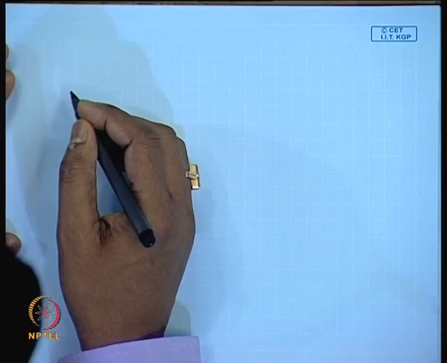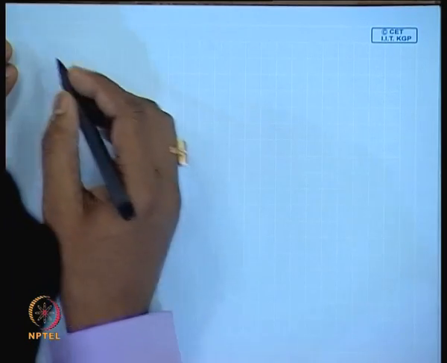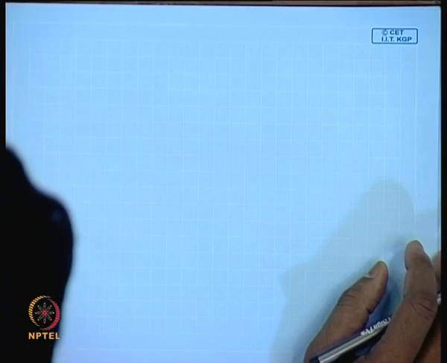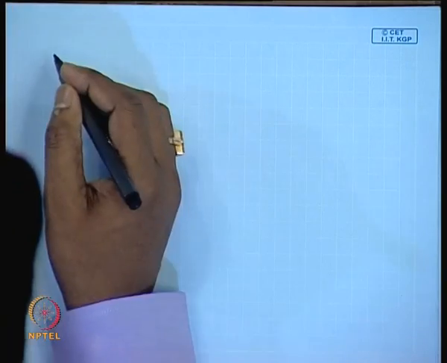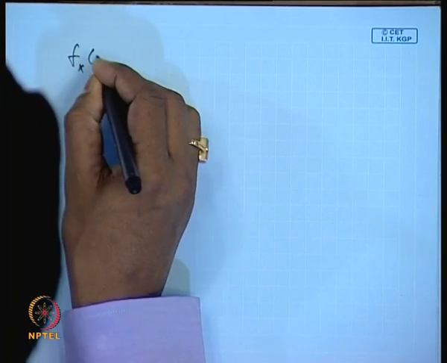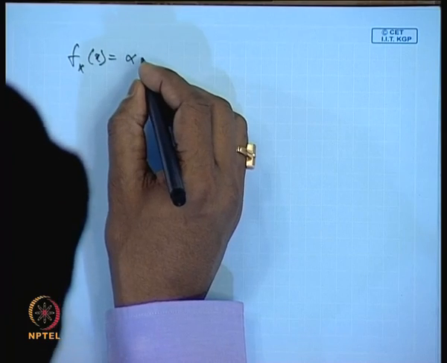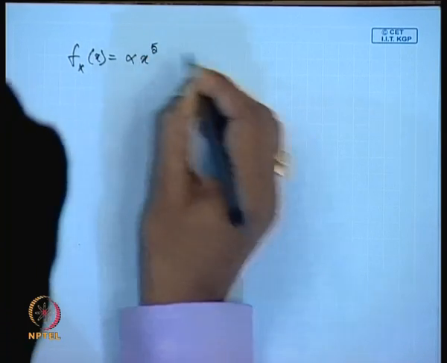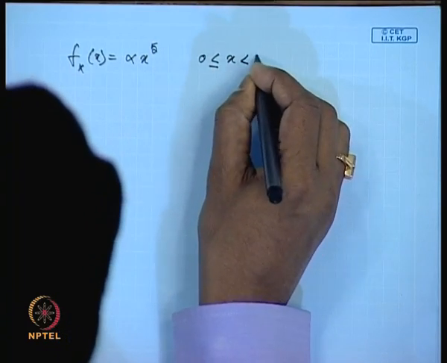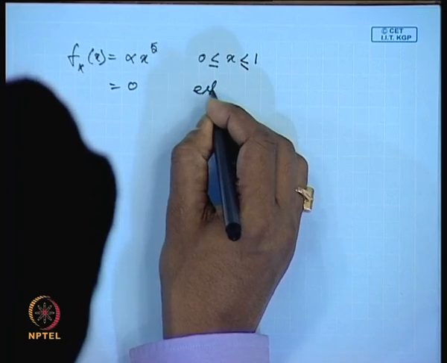Now we will take one small mathematical example to discuss this PDF and how to satisfy its properties. Suppose that the function f_X(x) is equal to alpha x to the power 5, defined for x values from 0 to 1, and it is 0 elsewhere.